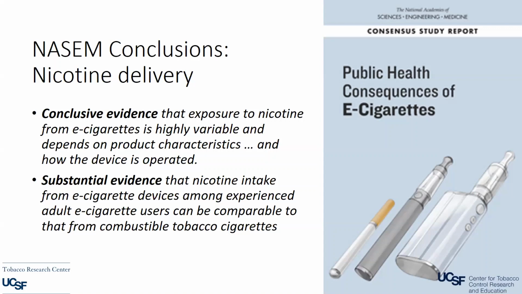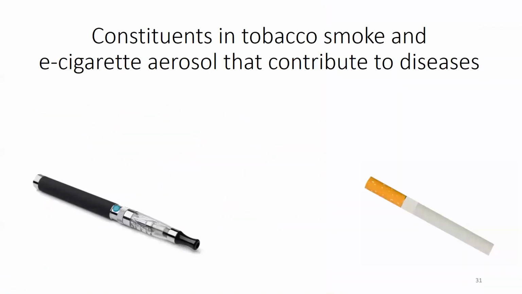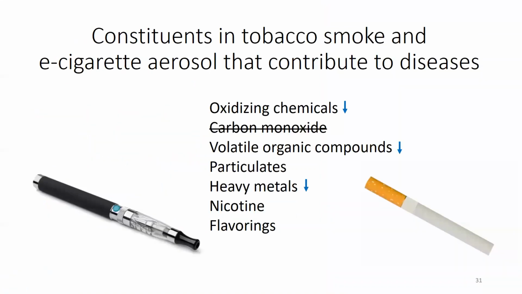from combustible cigarettes. Now, just to talk a little bit about the constituents in tobacco smoke and e-cigarette aerosol that contribute to disease. There are oxidizing chemicals like reactive oxygen species. The concentration of these is much lower in e-cigarette aerosol compared to cigarette smoke.